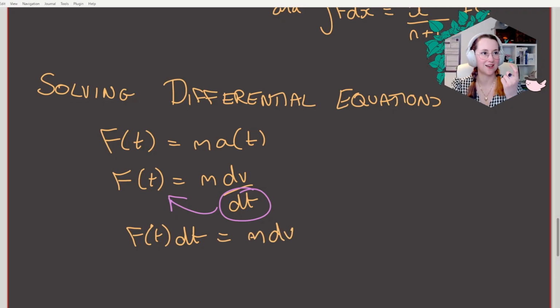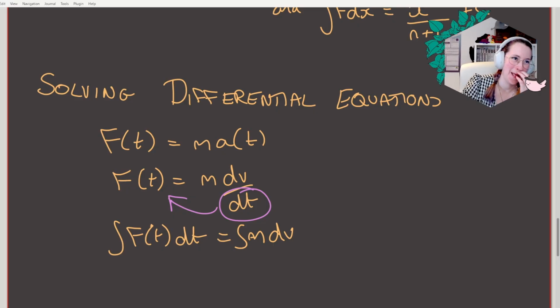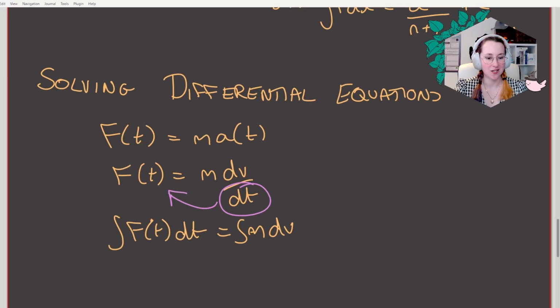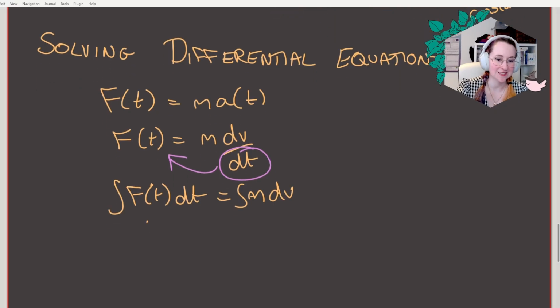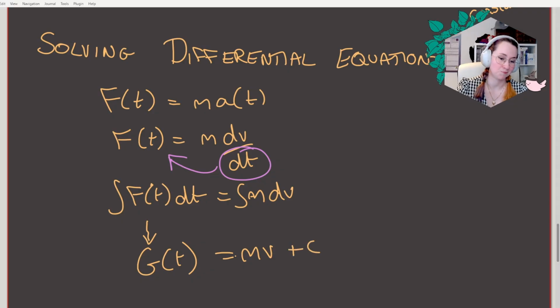You can't just have dt and dv, they are the things at the end of integrals. So you have an integral with respect to time equals an integral with respect to velocity, and then you solve. So f, depending on what function it is, will be some other function of time, and m is a constant with respect to velocity, so you have mv plus c.